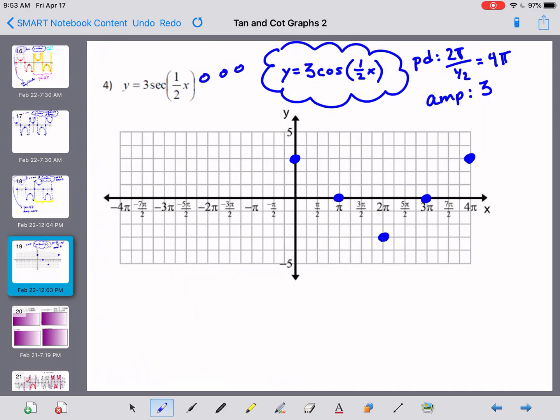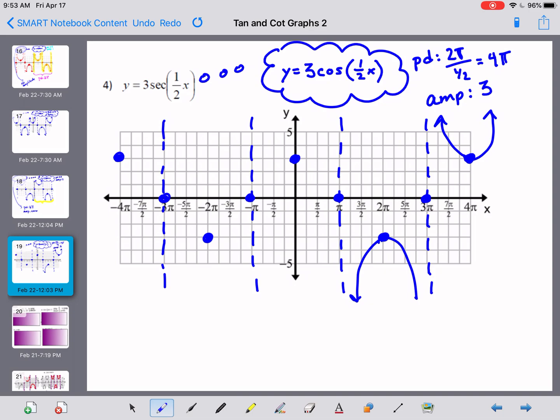And then we've got our x-intercepts. Okay, every x-intercept becomes an asymptote. And then, on the homework and practice and review, you're going to see things like vertical shifts and phase shifts. Right now in this video, I'm just doing the basics.